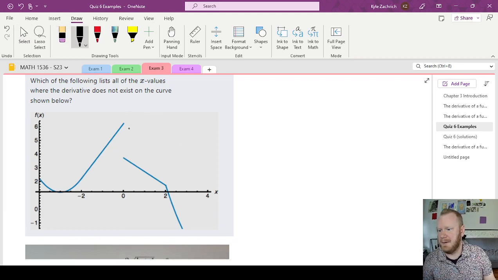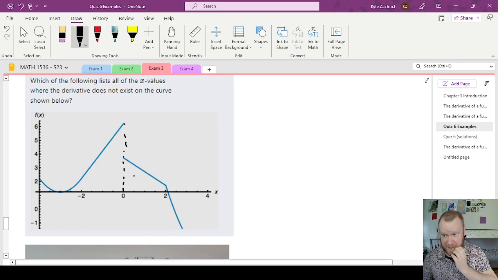That gives us a discontinuity, so that's one spot where the derivative doesn't exist.